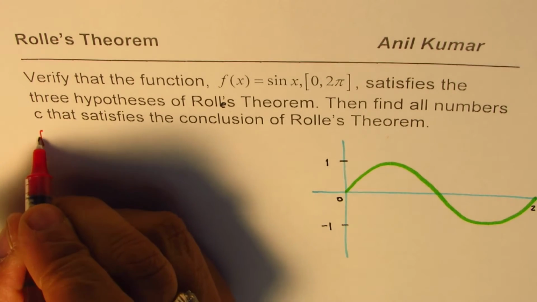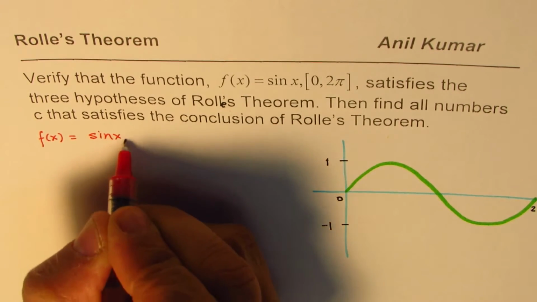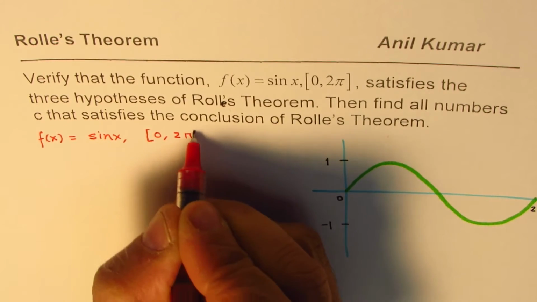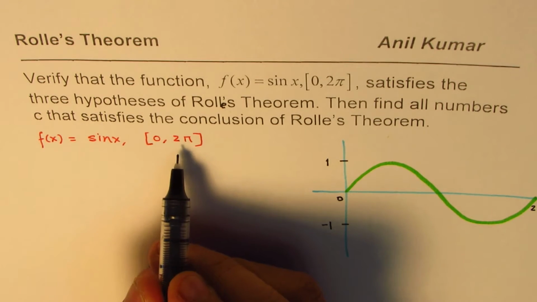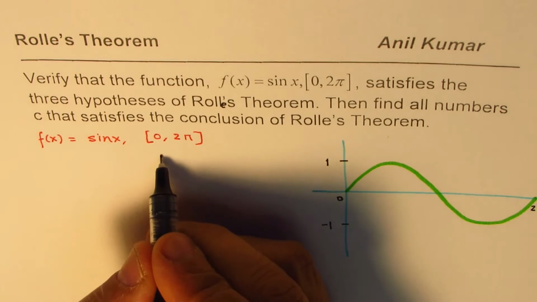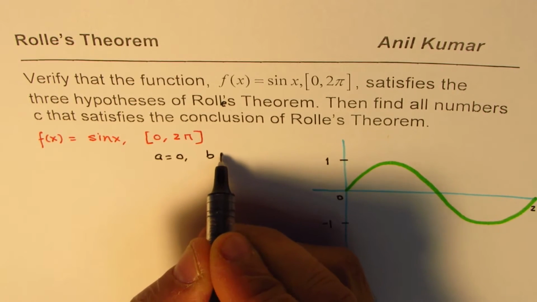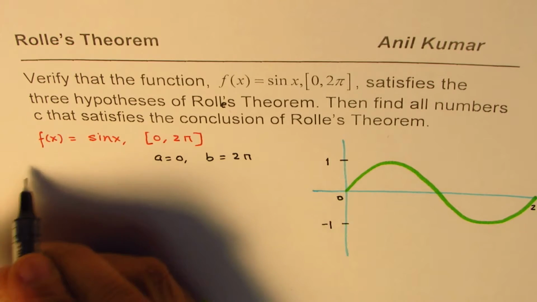So we are considering the function f of x equals sine x in the closed interval 0 to 2 pi, right? Now when I say closed interval 0 to 2 pi, in that case a is 0, b is equal to 2 pi. What is f of a?